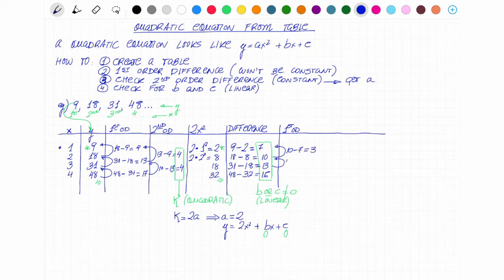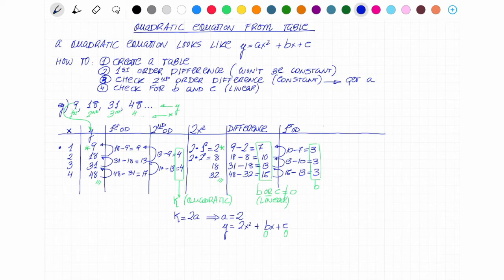We know it's a linear. 13 minus 10, that gives me a 3 again, so things are looking good. 16 minus 13, that's a 3 as well. That's a very good thing. This constant is my b, because it would be my gradient. It's the term that goes with the x.